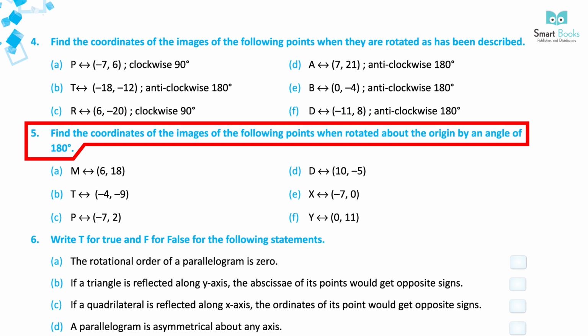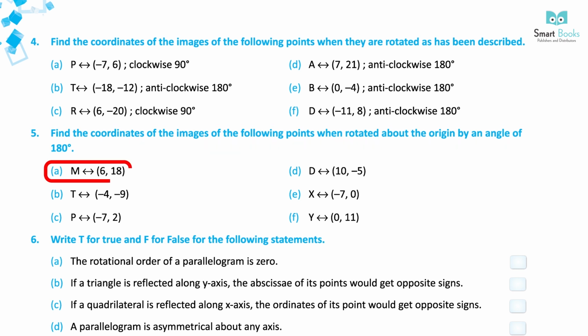Question 5. Find the coordinates of the images of the following points when rotated about the origin by an angle of 180 degree. A. M 6, 18. Solution: minus 6 minus 18. B. T minus 4 minus 9. Solution: 4, 9. C. P minus 7, 2.